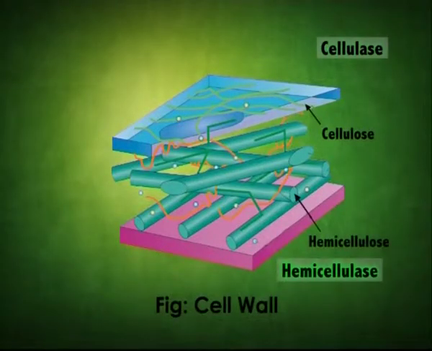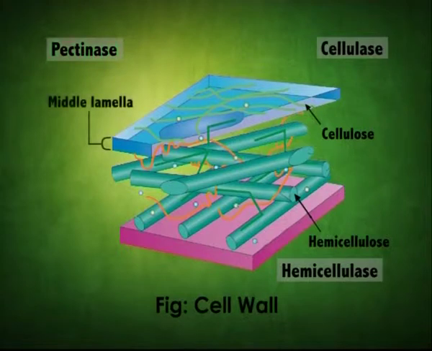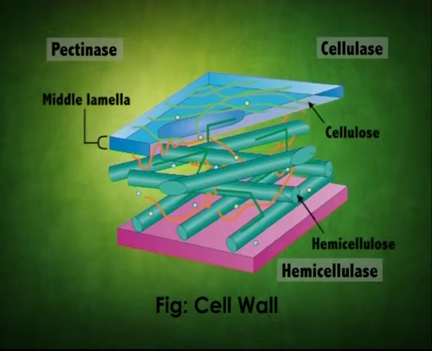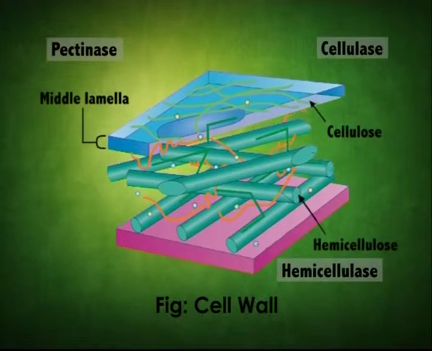Cellulase, hemicellulase and pectinase are used to remove the cell wall from the plant cell. Pectinase degrades the middle lamella, while cellulase and hemicellulase digest the cellulosic and hemicellulosic components of the cell wall respectively. When leaves are used to isolate protoplasts, they are first surface sterilized using appropriate surface sterilizing agents.